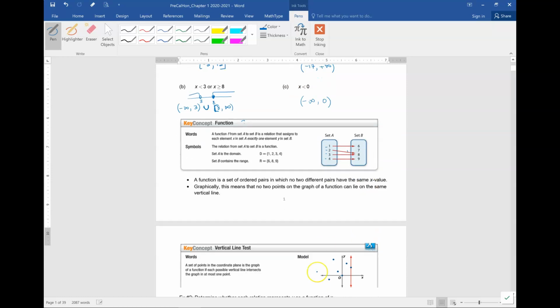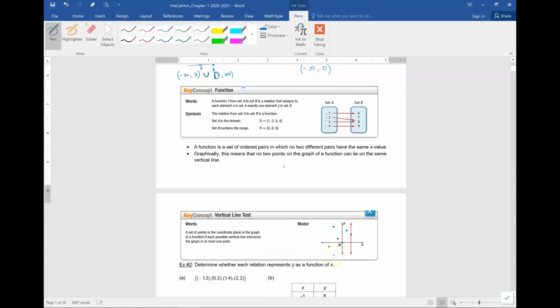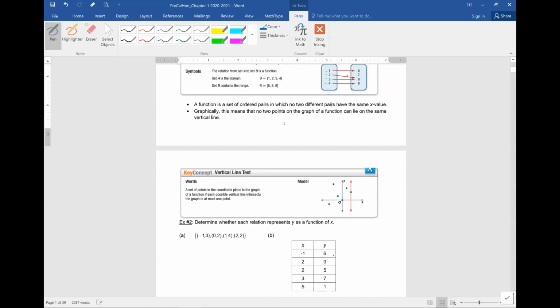The best way to test whether something is a function is by doing the vertical line test. That is, you can draw imaginary vertical lines, a series of them, through a function. And if each of those vertical lines passes through the function once only, then it's a function.